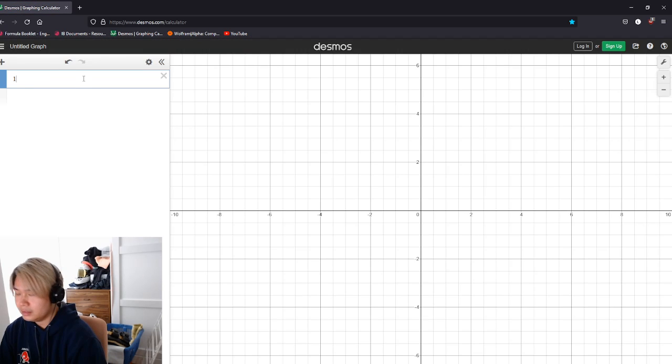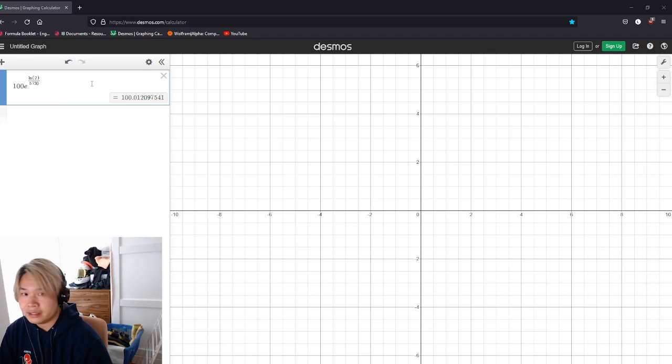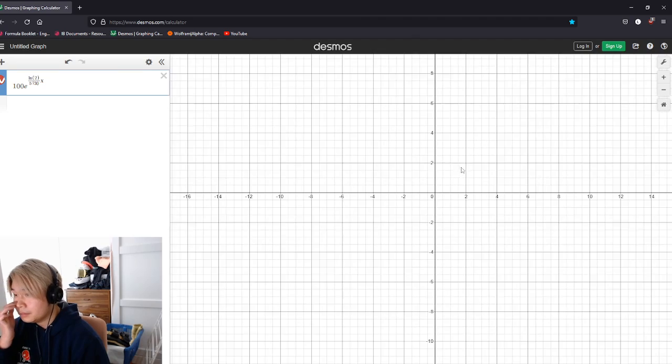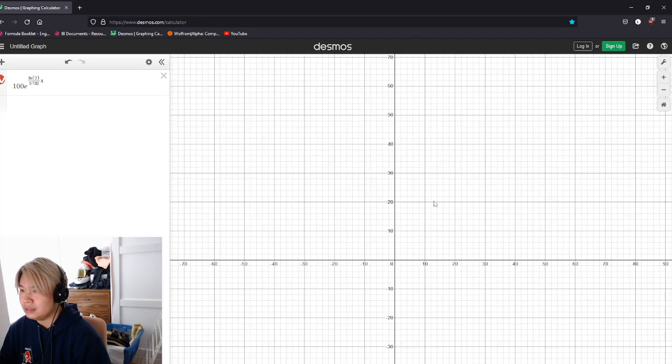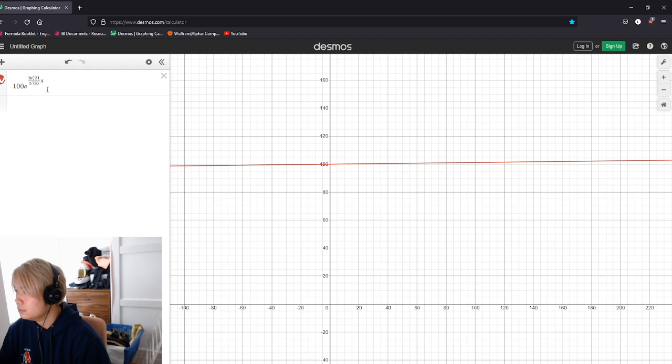Okay, so 100 e to the power of natural log 2 divided by 5730, I think was the half-life. And then x. Okay, and then zoom out. Oh, no wonder.